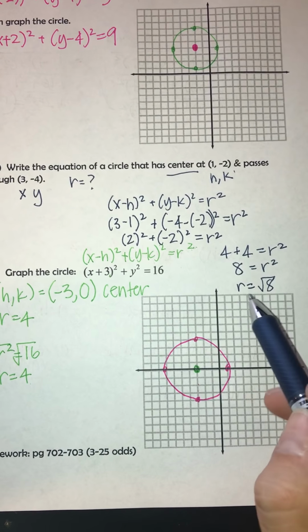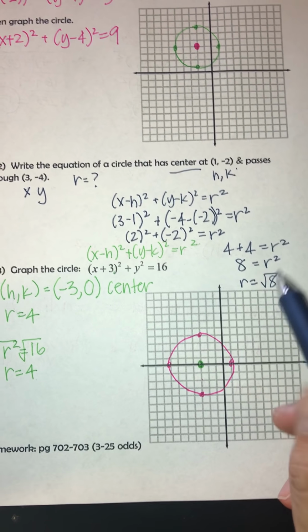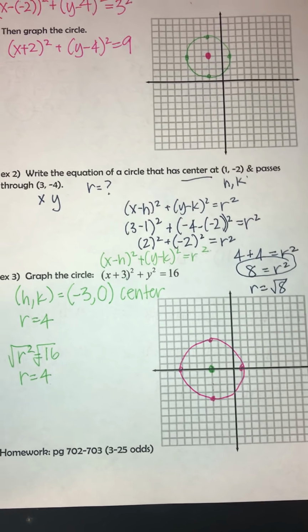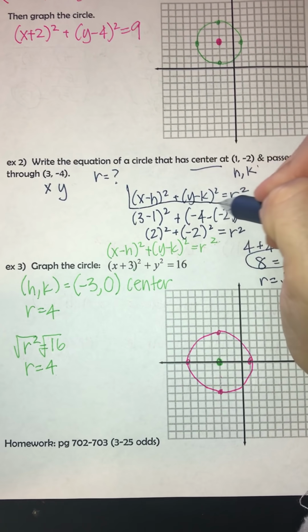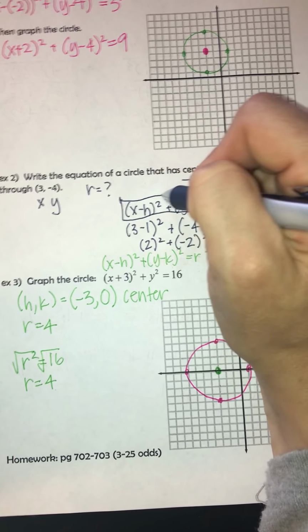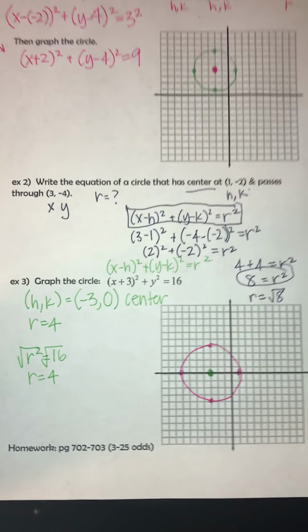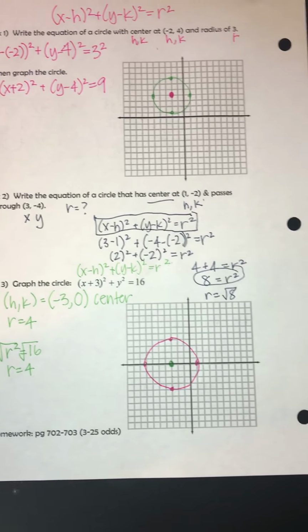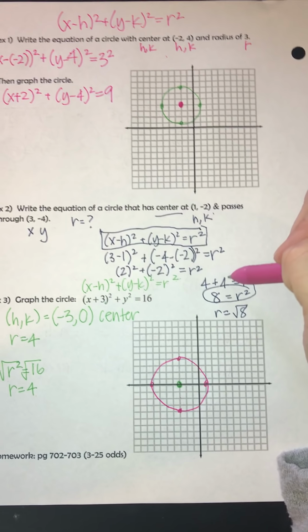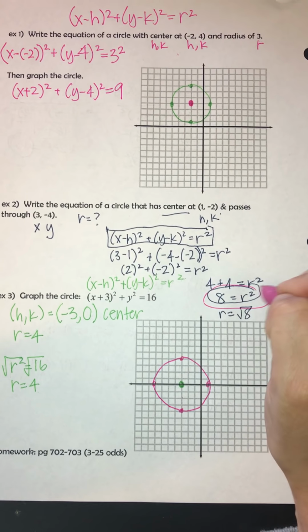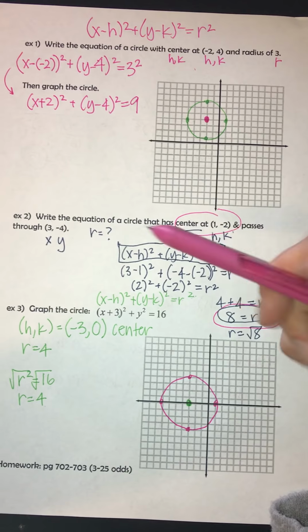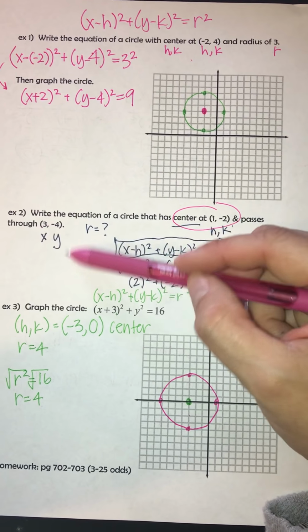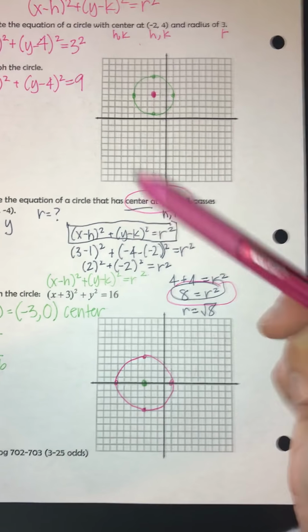Now, I'm not going to leave it that way. In my formula, I want to use r squared because they wanted me to write the equation of this in standard form. So now I'm going to put everything back in. I'm going to put the r squared back in, and I'm going to put the center back in, but I'm going to ignore this point. That was just one specific point. I want to now write the general equation.